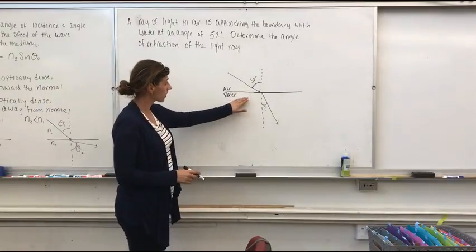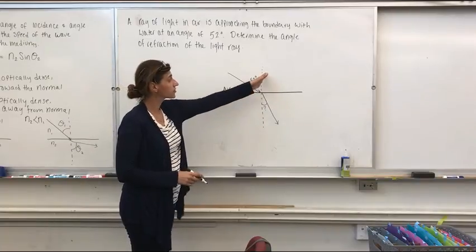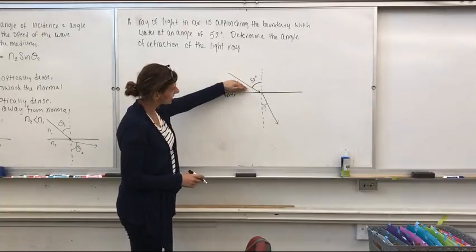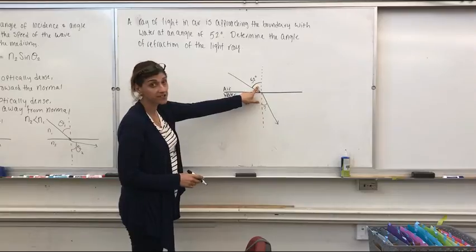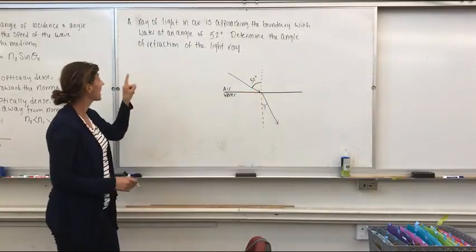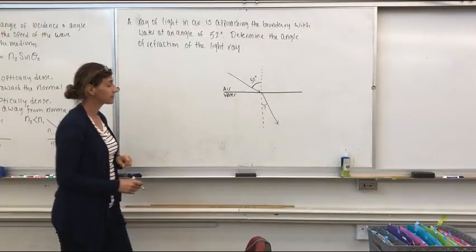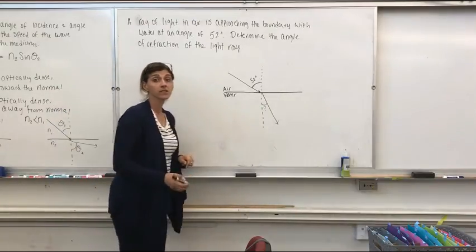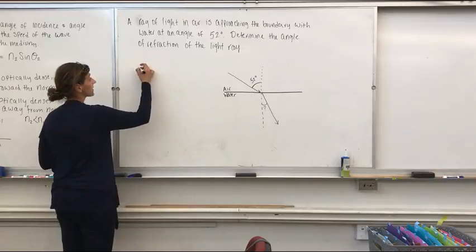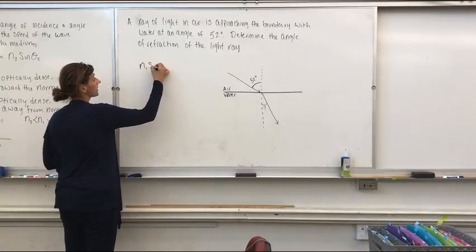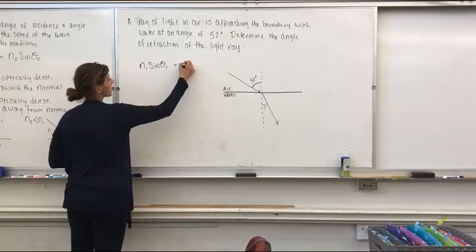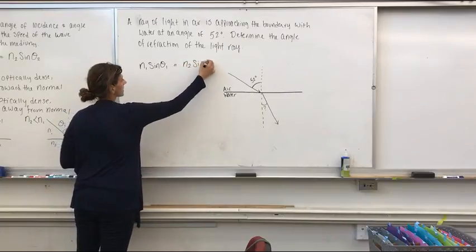Here's your water-air boundary. Here's the normal. Here's the ray that comes in. It's 52 degrees, and it's always measured to the normal. Determine the angle of refraction of the light ray. So the question is, what is this angle? We're going to use Snell's law, which says n1 sine theta 1 equals n2 sine theta 2.